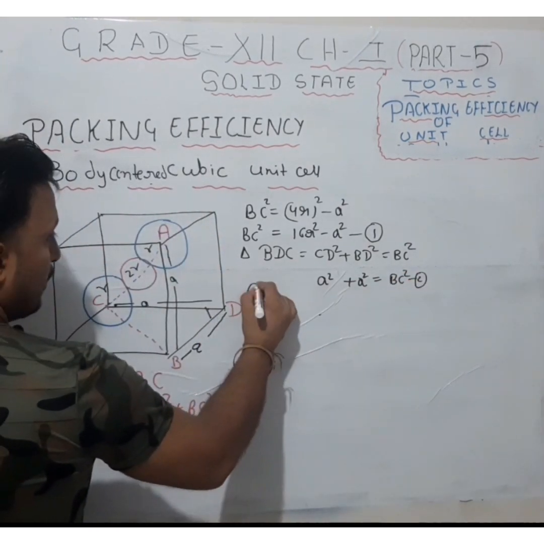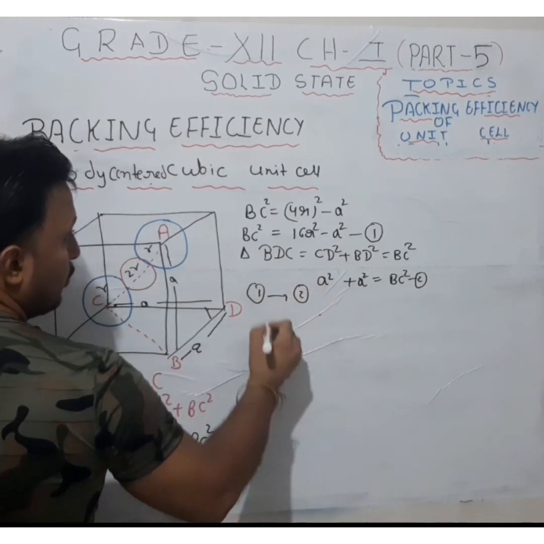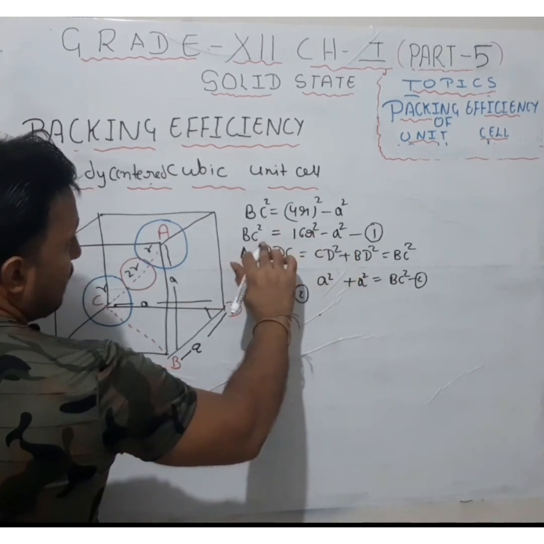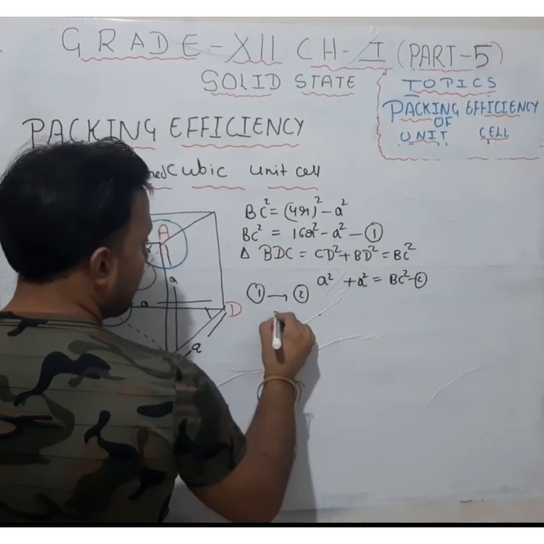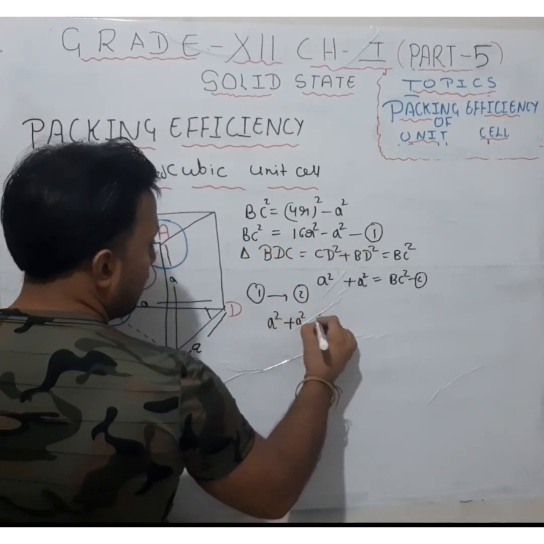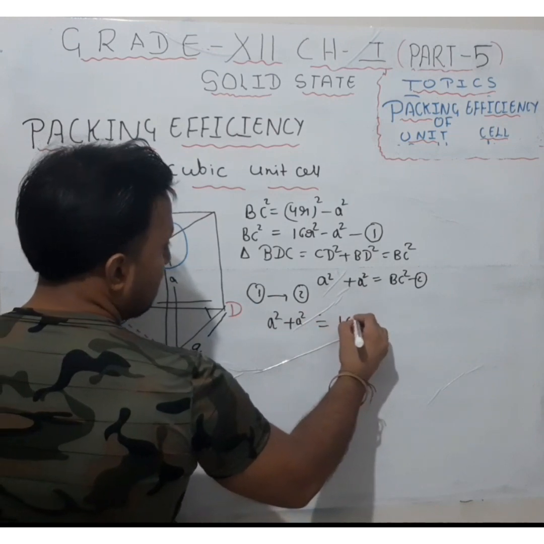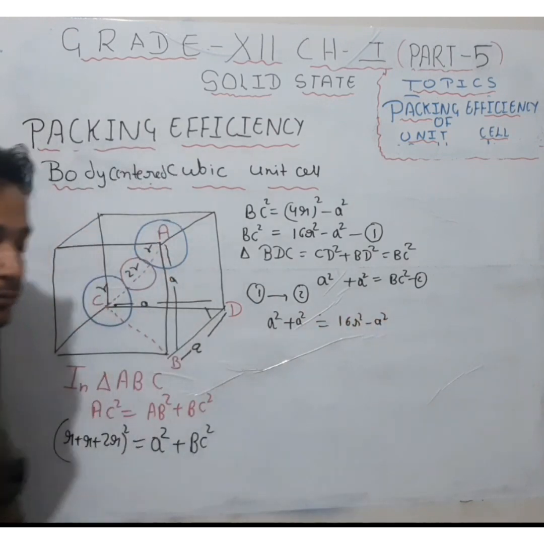Now if you put equations 1 and 2 together, you will be using the value of BC square as 16R square minus A square. So finally it will become A square plus A square equivalent to 16R square minus A square.